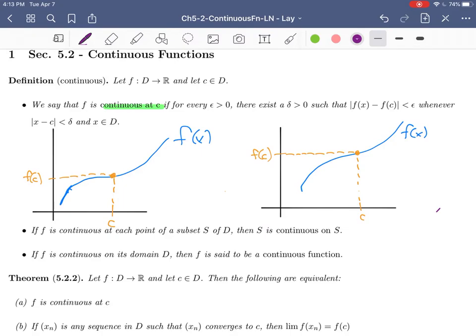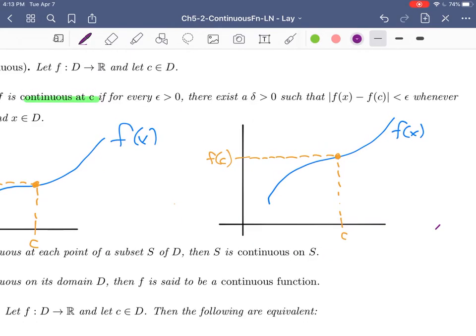Some of you may say, this feels a whole lot like the definition for the limit. And I would say, that's correct. It really is a whole lot like the definition for a limit. The difference here, maybe two components of difference, is right here, this is f of c instead of L. So this is specifically the function value at c.